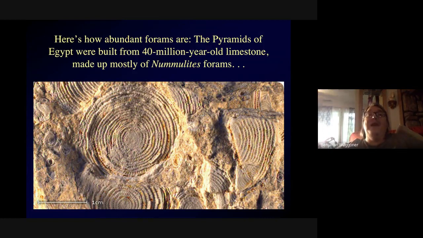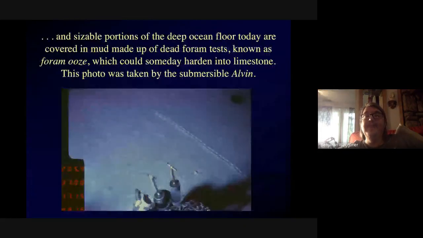One of my fellow grad students was studying the fossil rads to be found in the rock that makes up the bedrock of San Francisco. And there are sizable portions of the deep ocean floor today covered in mud made up of dead foram tests. It's called foram ooze. This is what it looks like, and it could someday harden into limestone. And then in 50 million years, somebody might make pyramids out of it because, you know, why not?